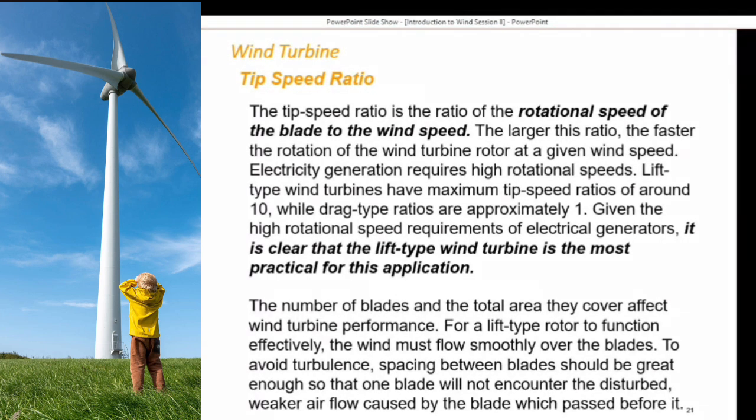If we increase the space between blades, we decrease the turbine efficiency, and the more blades there are, the less air enters the space.